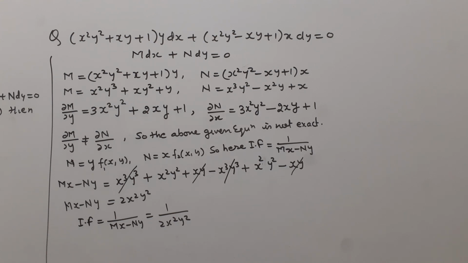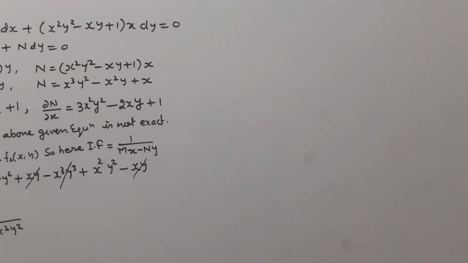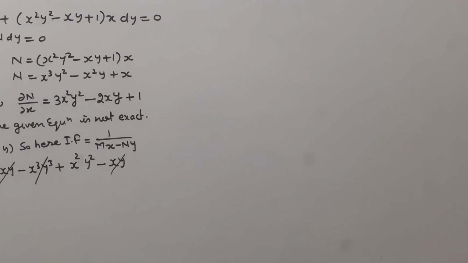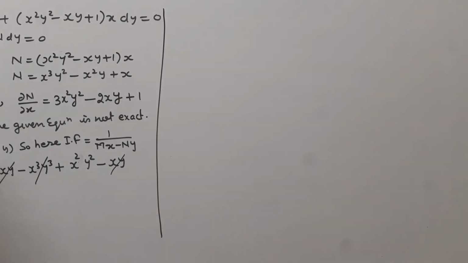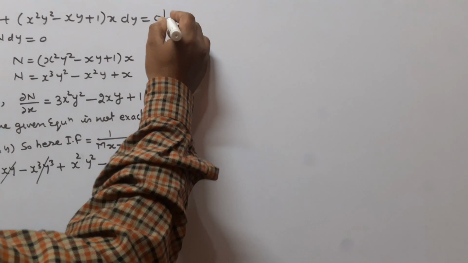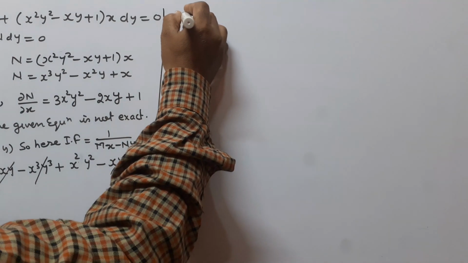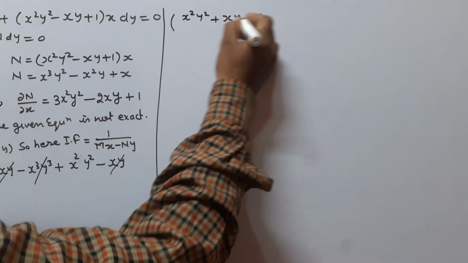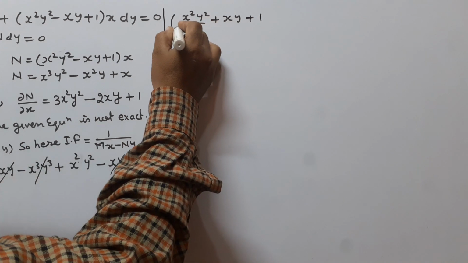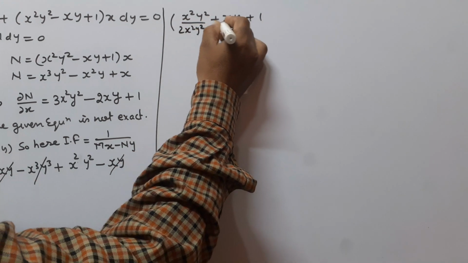If we multiply the above given differential equation by the integrating factor, it will be reduced into the exact form. So we multiply the given equation by 1 upon 2x square y square. So here we have x square y square plus xy plus 1, and all the terms divided by 2x square y square.